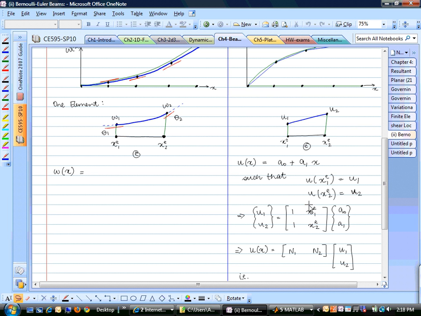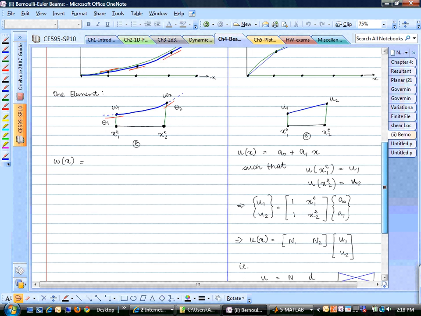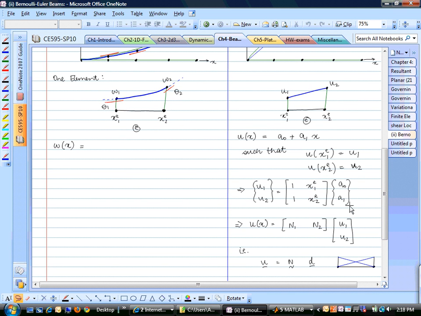And that gives us two equations and two quote-unquote unknowns where you can solve for these unknowns by inverting this matrix. So the unknowns are A0 and A1, and when you do that, you can express these shape functions as N times d.